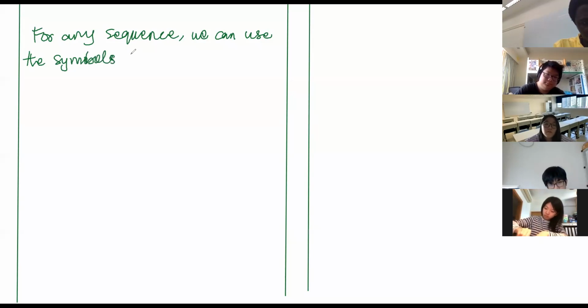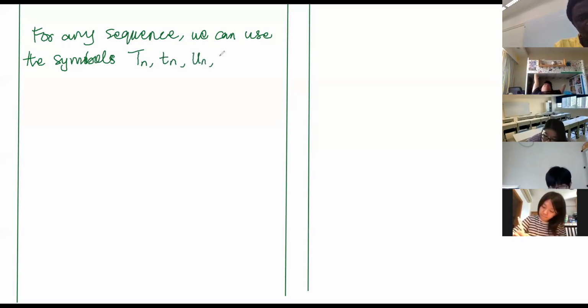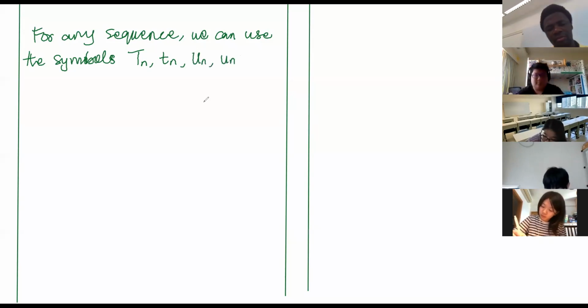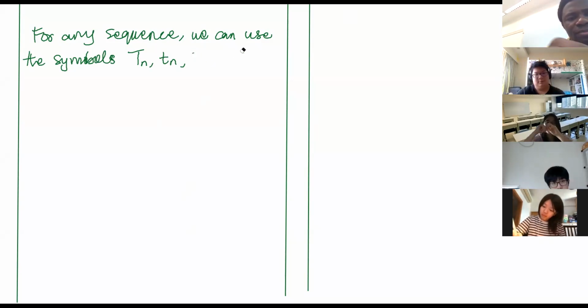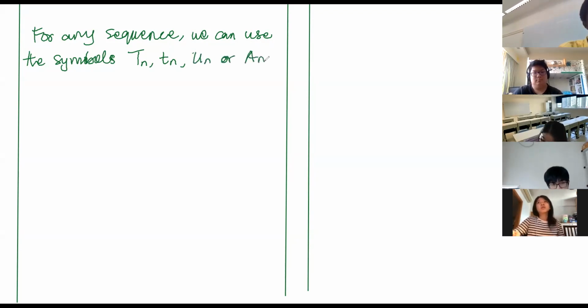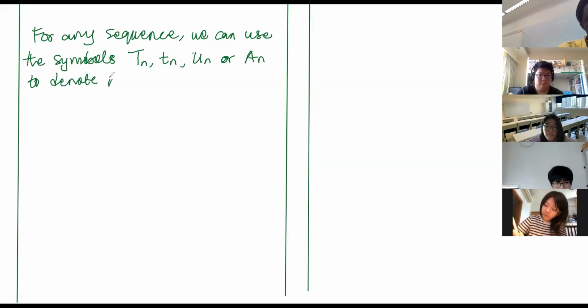Sometimes you see Tn, sometimes Un, sometimes a small letter u, small letter n, to represent the nth term. Un and An, okay, An is better. Un and Tn are the same, so let's just take one of them. Un, An, to denote nth term.